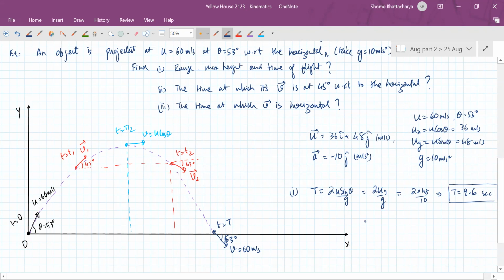Then the maximum height is u square sine square theta by 2g, or uy square by 2g. You can write it like that also. So that is going to be equal to, uy is 48.